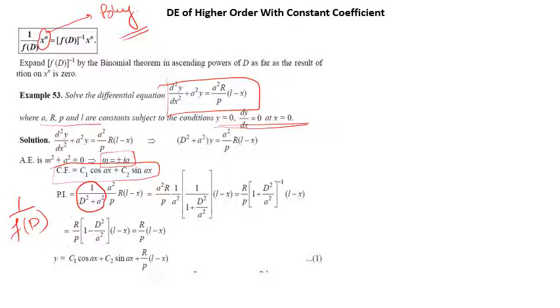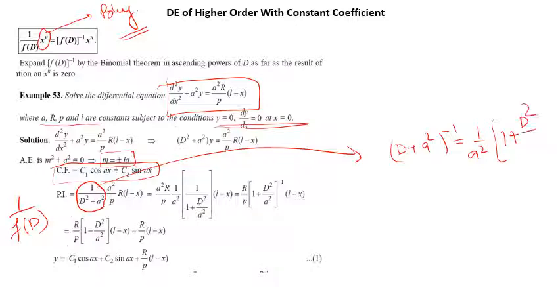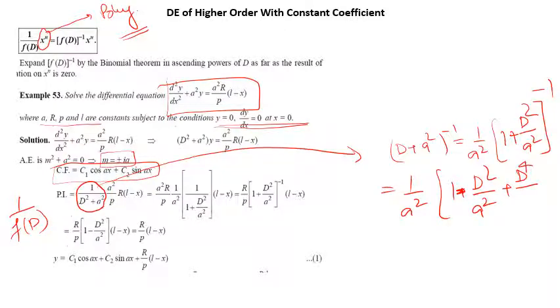D square plus a square inverse can be written as 1 upon a square into (1 plus D square upon a square) whole inverse. This is equal to 1 upon a square into (1 minus D square upon a square plus D to the power 4 upon a to the power 4 minus, and so on). Right?